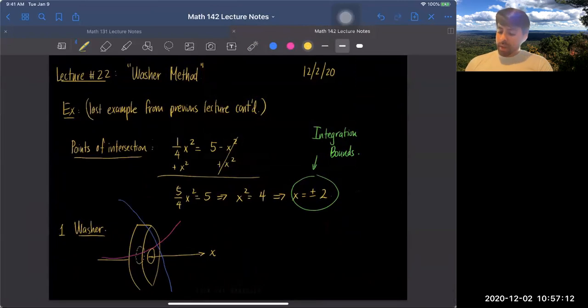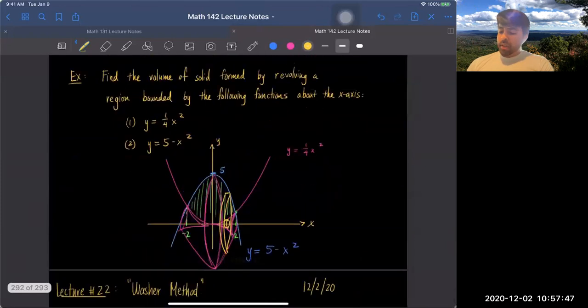Now, what is the radius of the bigger circle? I'm going to call this radius big. If I were to specify this point to be, let's say, x comma y sub i, what would be the radius of that bigger circle? It would be the y coordinate of the upper function, which is 5 minus x squared.